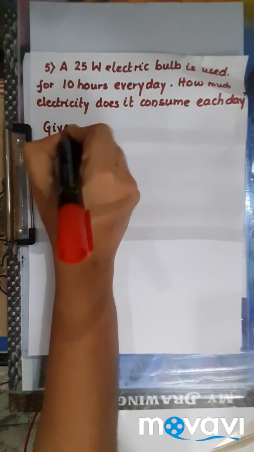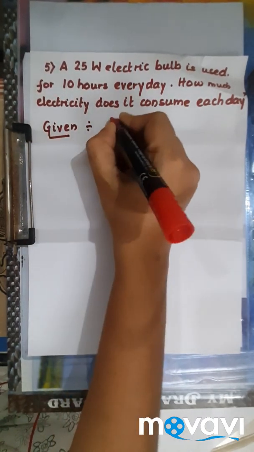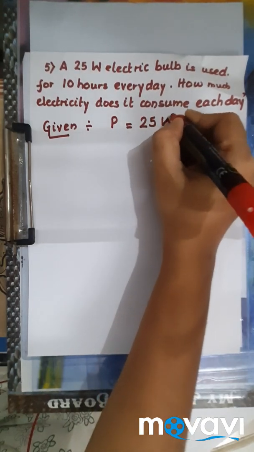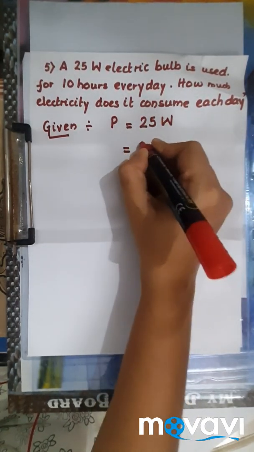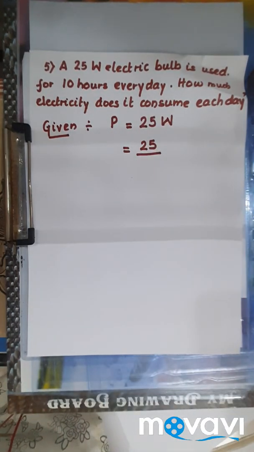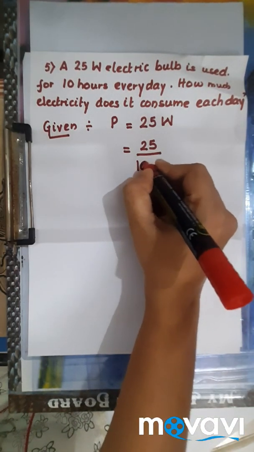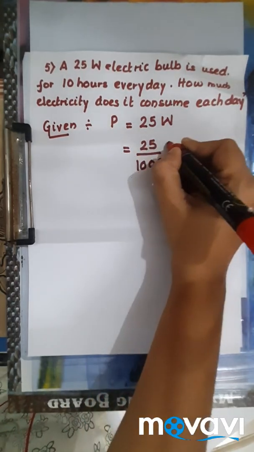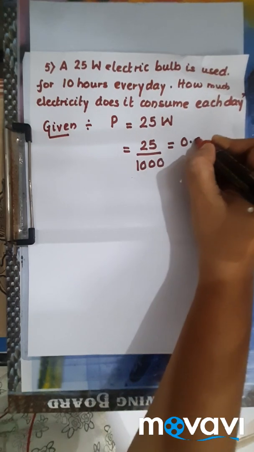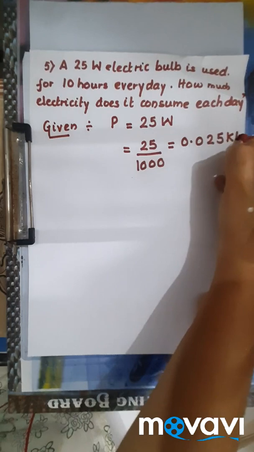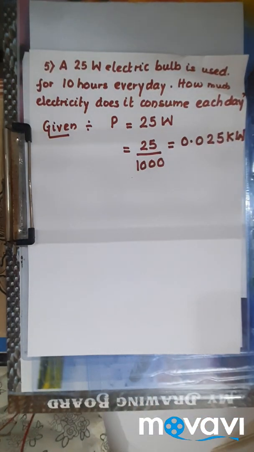It is given to me that power is equal to 25 watt, which is equal to 25 upon, I always told you, for energy consumed we have to convert it to kilowatts. So kilowatts means I will divide by 1000. So that is equal to 0.025 kilowatt. Correct? This is my power, right?